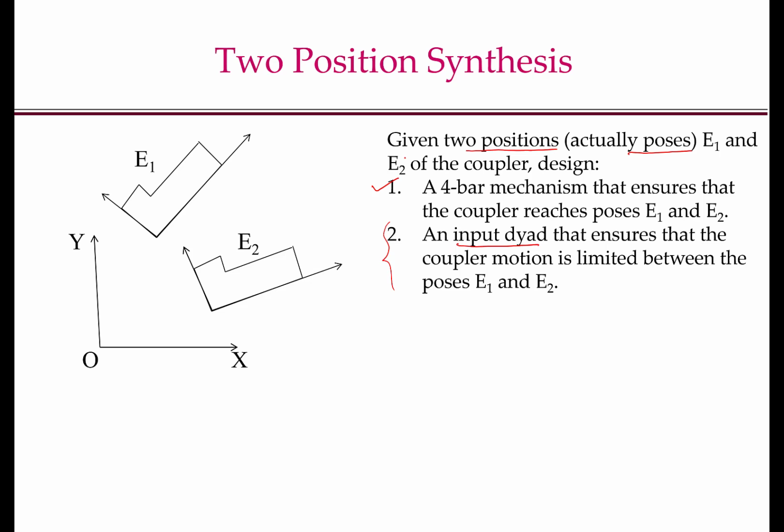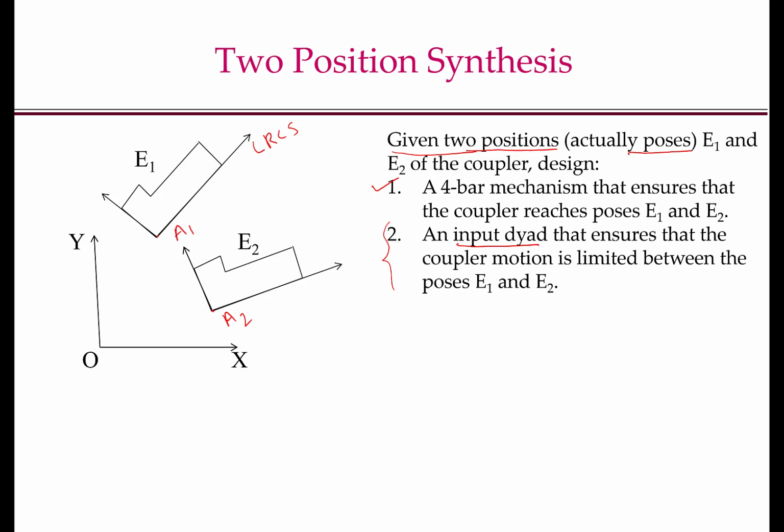First, let us understand the meaning of given 2 positions or poses. Let's call these 2 points A1 and A2. So the point A is where I have attached a locally rotating coordinate system to the coupler.